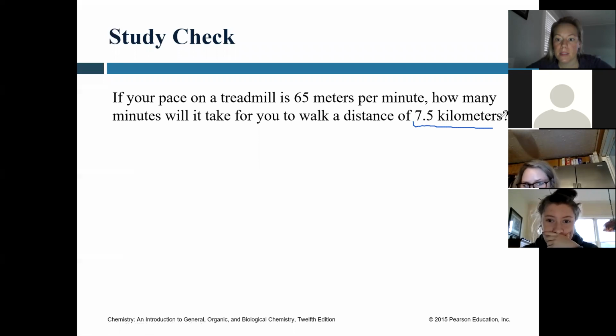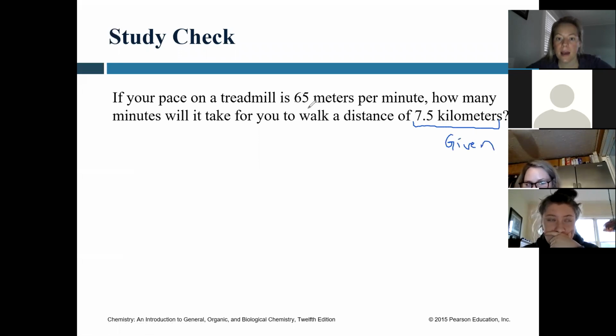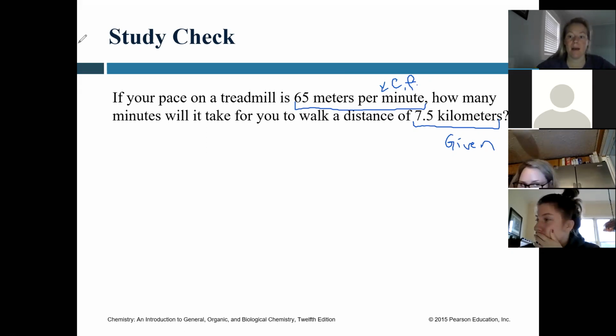This is really the given piece of information, and 65 meters per minute is behaving as your conversion factor for this problem, right? If you were running, this number might be bigger, but for this specific problem, you're going 65 meters per minute. I'll give you 3 minutes or so to set that up, state your given, state what you're trying to find, and come up with that.